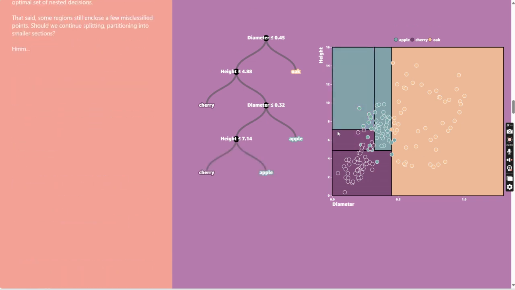So next split is happening here again, like you can see. Again it's classifying this into cherry. These are also cherry, but there are apples also there, and whatever is above, these are all apples. So this way the split happens. It may not be perfect, that's what I'm trying to say.